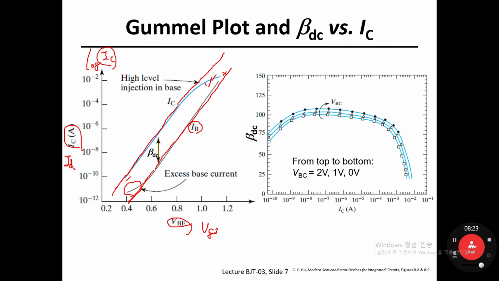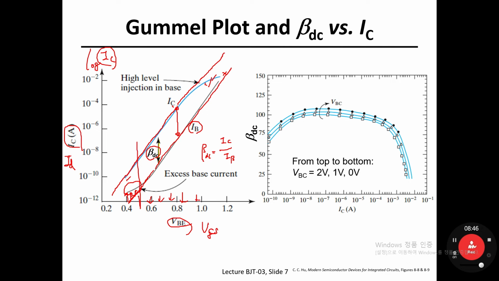The base current has been increased as expected. So beta DC gain has been defined as output current divided by input current, right? So this IB, the difference has been defined as beta DC for all input voltage.